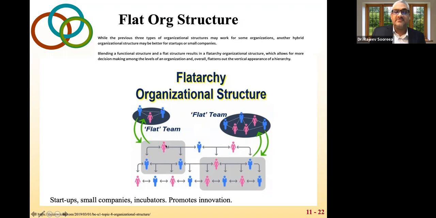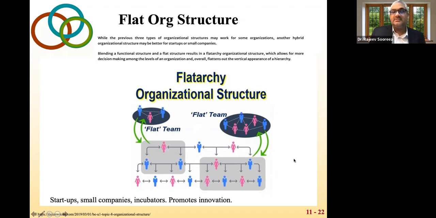These three on top here may be, for example, VPs, vice presidents, and they work together with each other. In a small team, they may not be vice presidents. They may be just a CEO, maybe a co-founder, and maybe a finance person or the marketing person, working together on the same level.